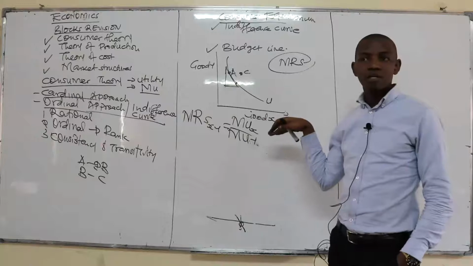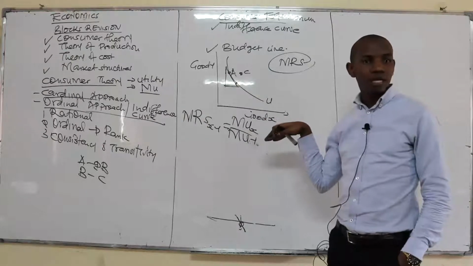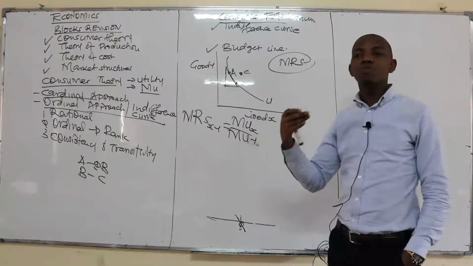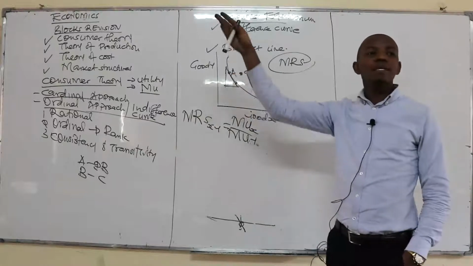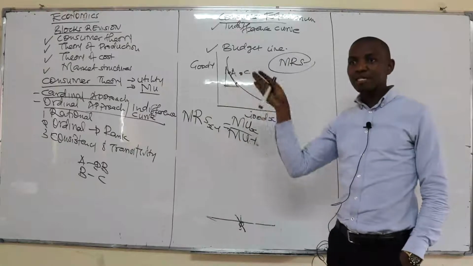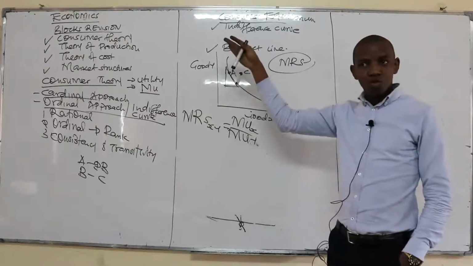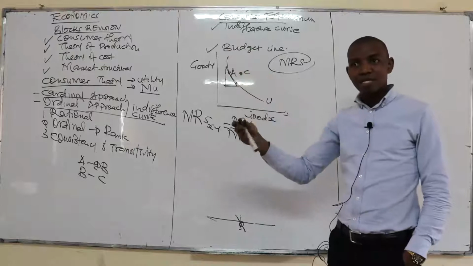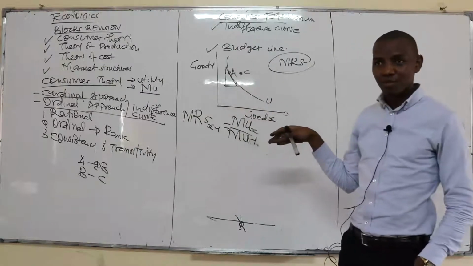That is what gives rise to the negative slope. It is just like price. As the price of a commodity increases, the quantity reduces. When the price falls, you consume more. That is why the demand curve always has a negative slope.